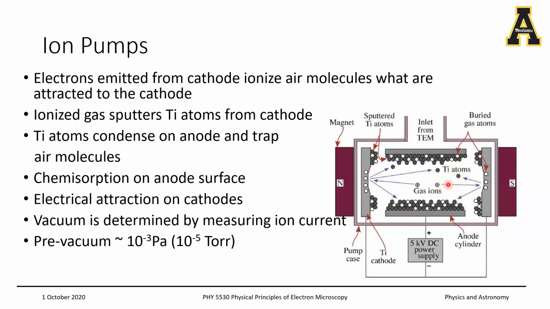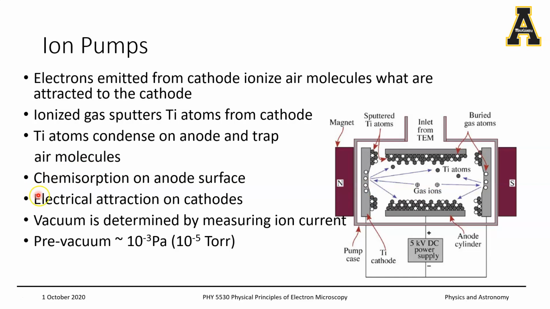Once this happens, the titanium atom interacts with oxygen or nitrogen and forms titanium oxide or titanium nitride, and then deposits itself onto your anode, because your anode is positively charged and your titanium was negatively charged, right? So it traps these gas molecules along with it in the form of titanium oxide or titanium nitride. Nitride in the case if you had nitrogen atoms or nitrogen gas in your electron column.